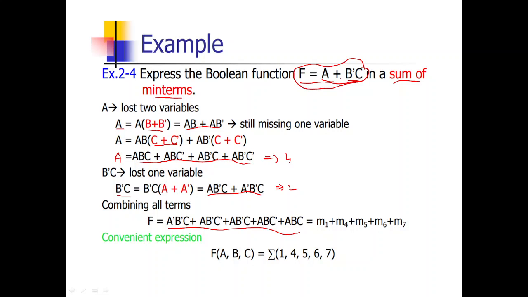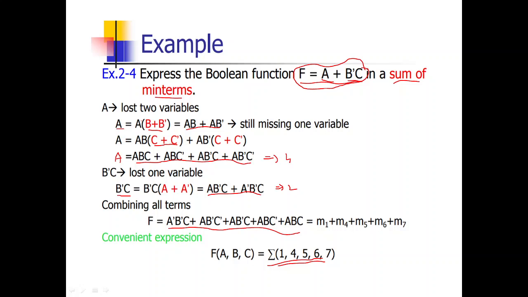In that standard form, it is given as sum of product. So this sum of product, the standard form, is converted to canonical form. The sum of product is converted to sum of min terms. For this sum of product, we have found the sum of min terms here.